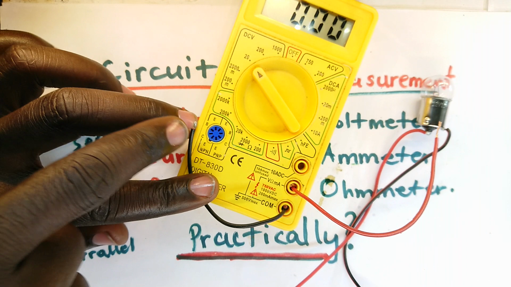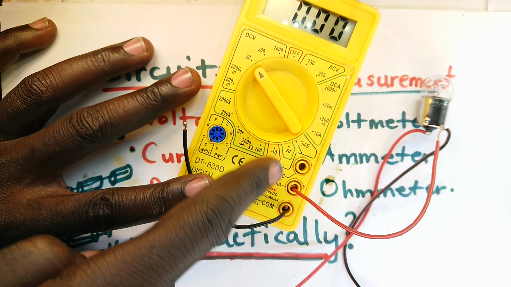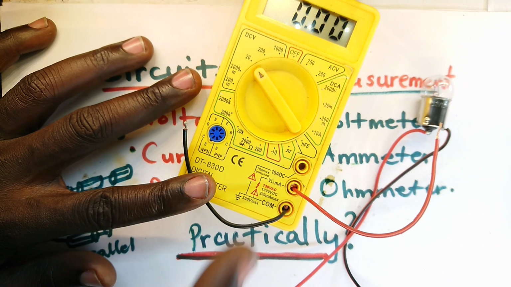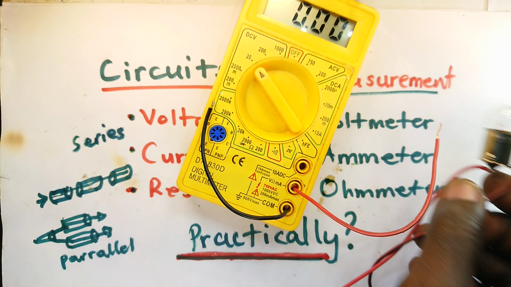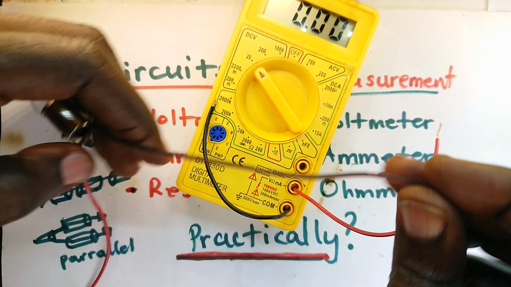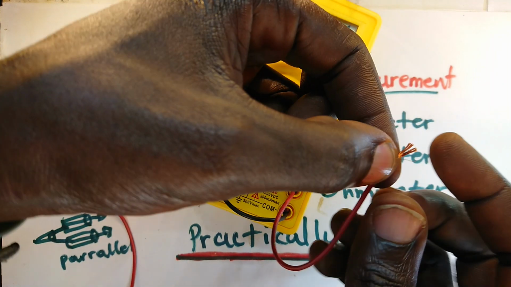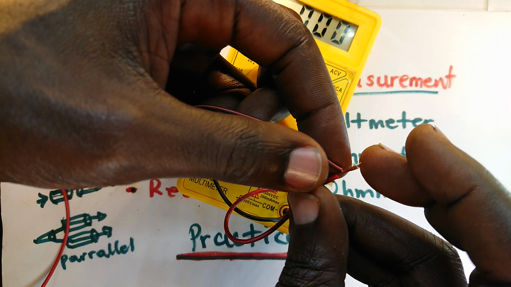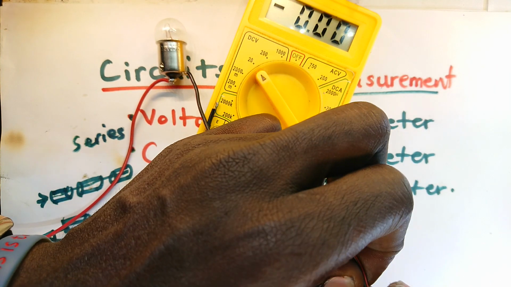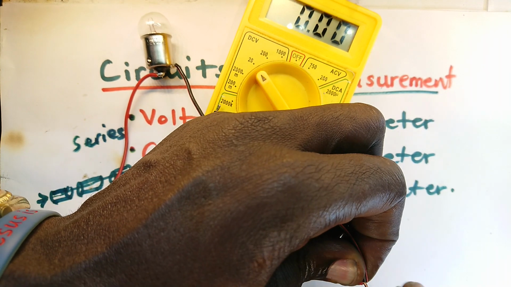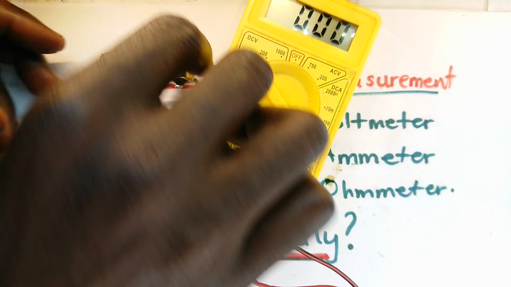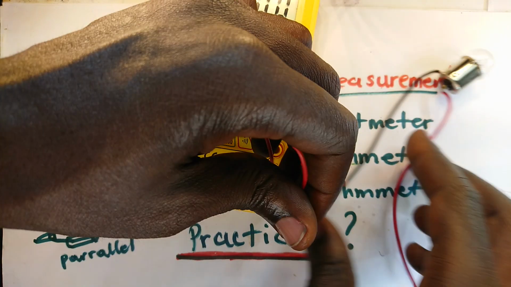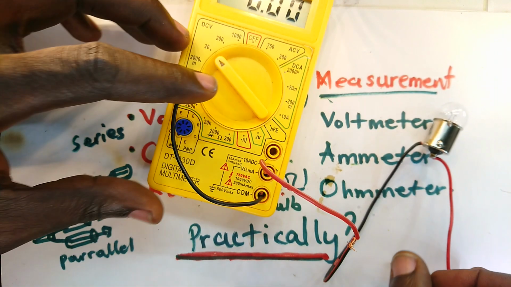So power comes in through here, flows through the ammeter, goes to the bulb, and then back to the battery, like that in our circuit. So I'm going to connect the positive of the ammeter to the negative of our bulb. Okay, now it is connected there in series.